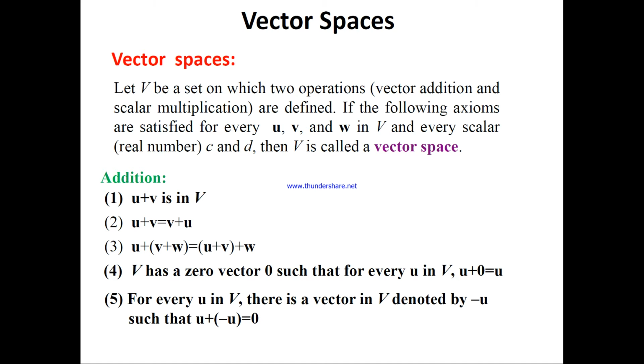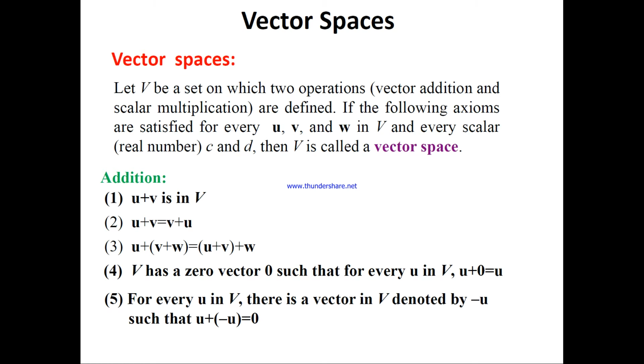If the following axioms are satisfied for every u, v and w in V, so V is a set of vectors on which two operations, vector addition and scalar multiplication, are defined.